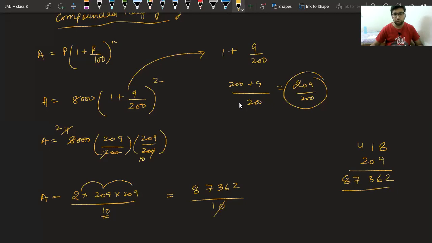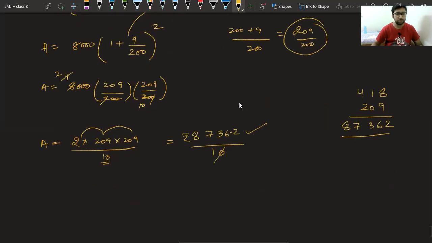Now cut this 0, put a decimal. This is the answer, the amount that we have got. We have to find the interest also. So compound interest is given by amount minus principal, that is 8736.2 minus 8000, which is 736.2. Yes, class.